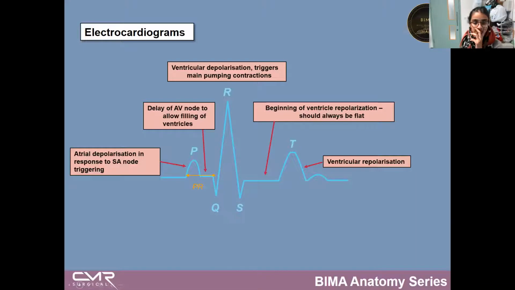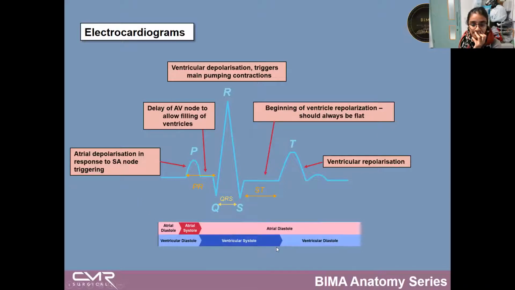Then your QRS, which we mostly all know about. And then ST. That ST segment should always be flat, which is really important when you look at ECGs, because in an ST elevation MI, this line here will be raised, and we'll look at a few examples.